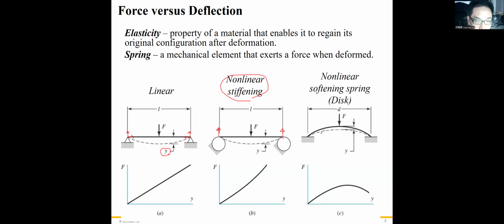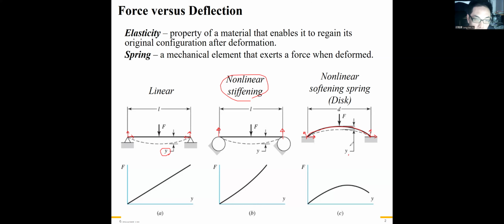In this case, it's just like, for example, a rubber band with a little bit higher stiffness. It's a rubber band in a disc shape. So when we apply a force, it will deform, right?